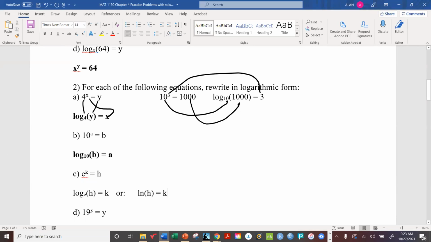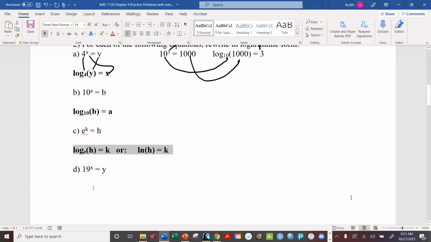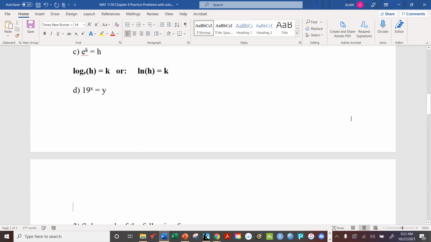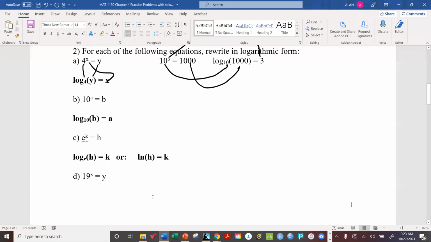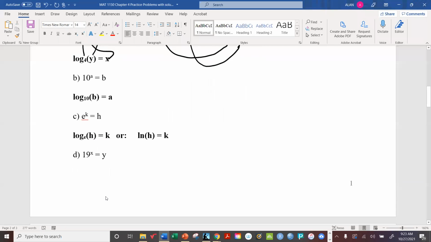Log base e is the natural log. All right, and then one more.